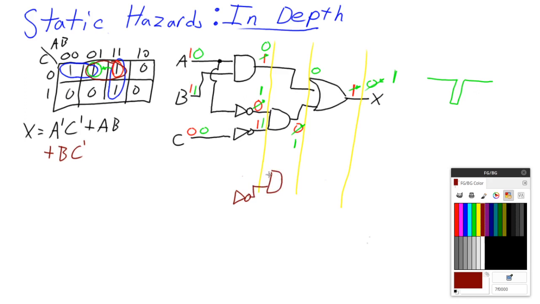Let's just say that we've got B, right? So we know that these are connected. And of course we're going to have C as well. And this is going to go into our OR gate as well.